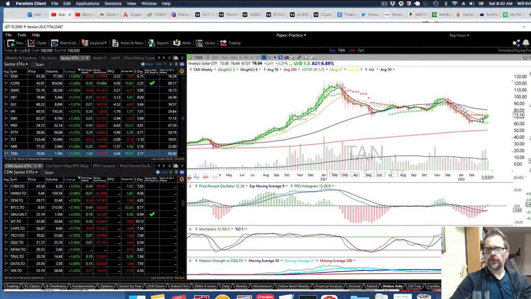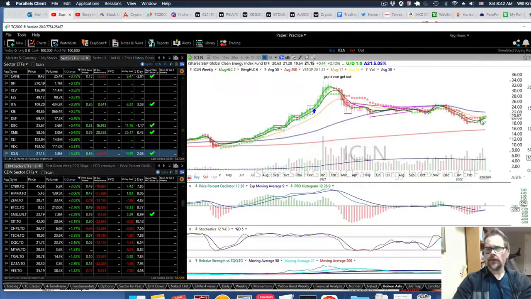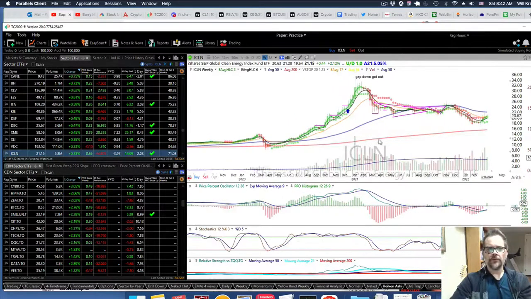You're starting to see the solar and there are other ones, clean energy. So it's crossed over, but it's below zero. And it's got a 50 week right above it. But keep an eye on those. These are ones that you can get in earlier.